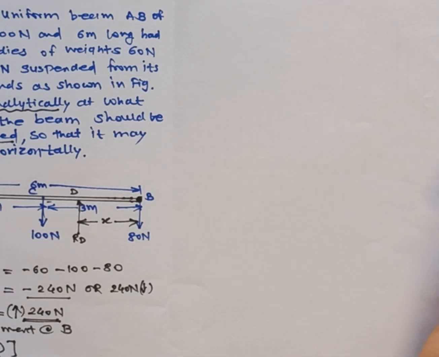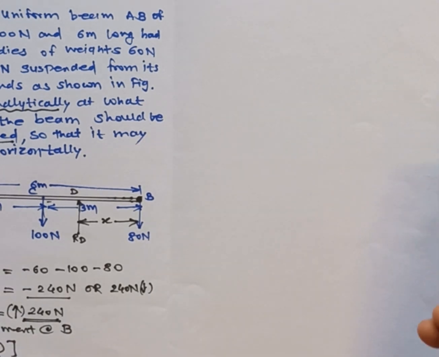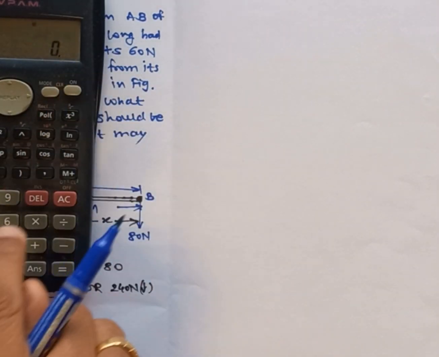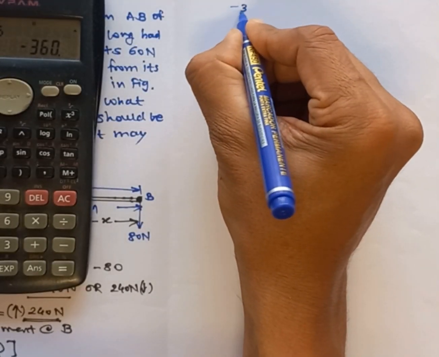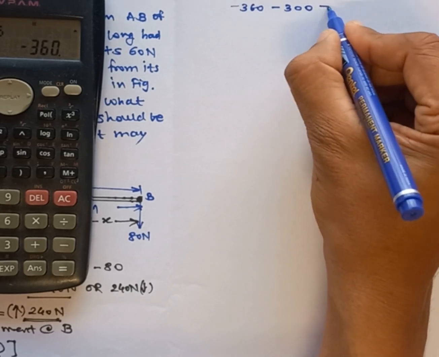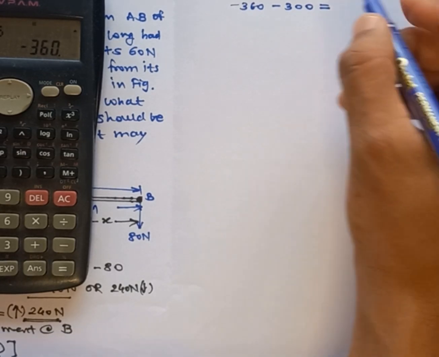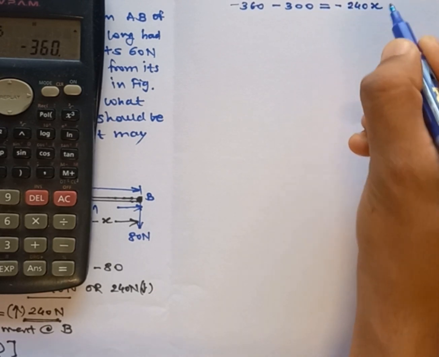Okay. Now we can solve this. Just simplify and get the x. Only x is unknown here, right? So minus 60 into 6 is minus 360, minus 300. I will take this to the right hand side, so it will become minus 240x.